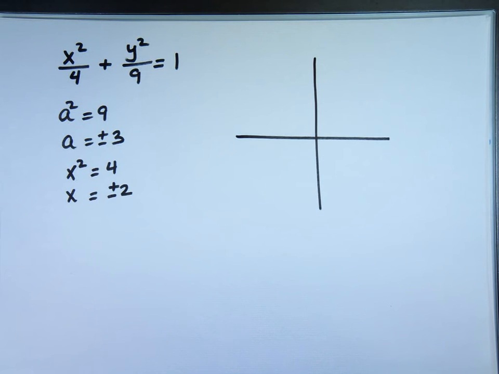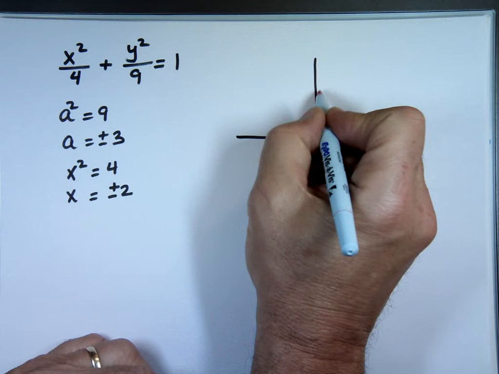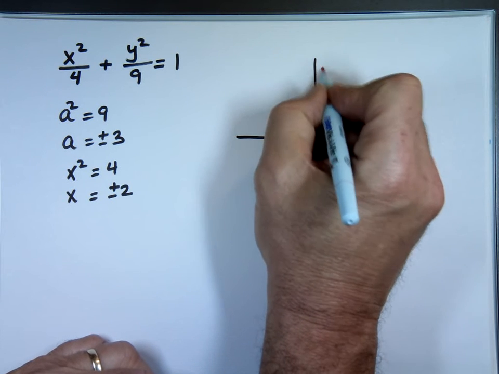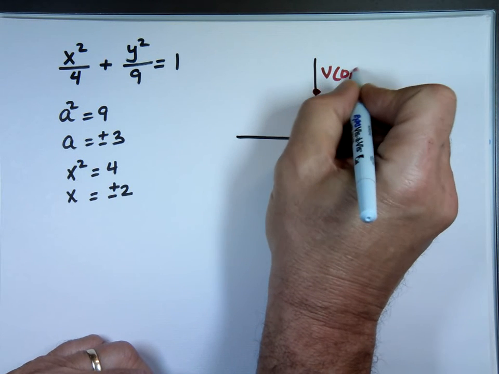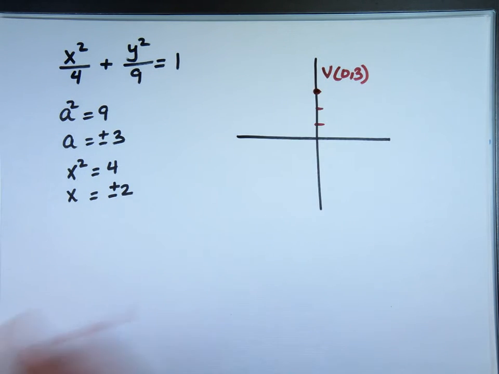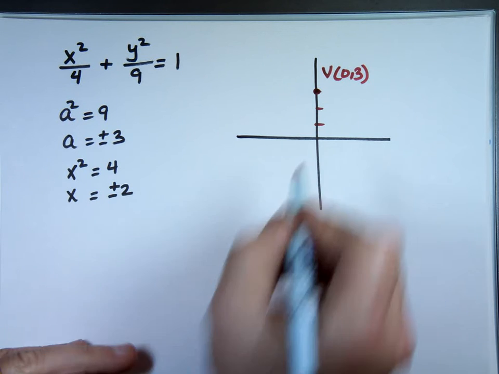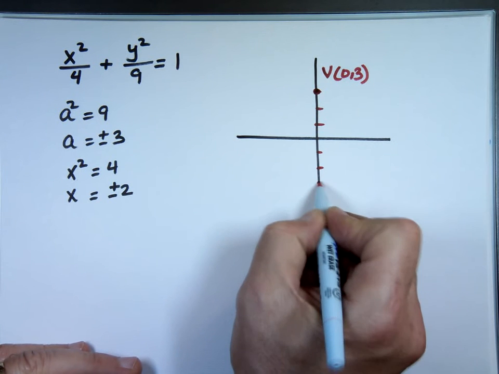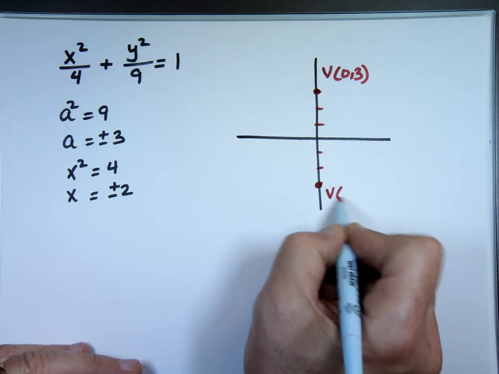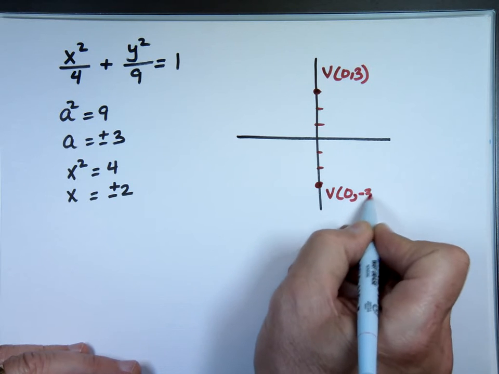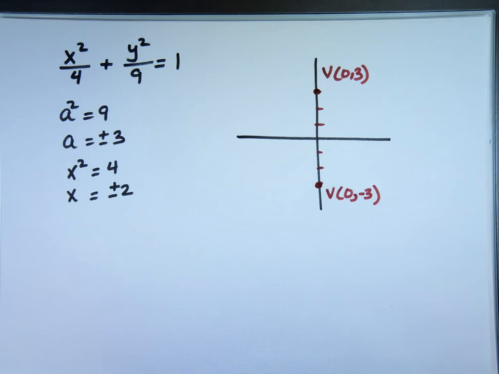Let's go 3 up. 1, 2, 3. That's your vertex, which is what? 0, comma 3. The x value is 0, the y value is 3. 3 down. 0, comma negative 3. So there is b, not x squared.